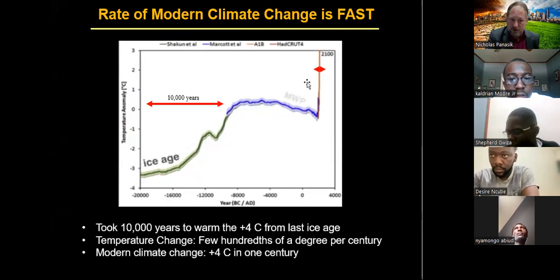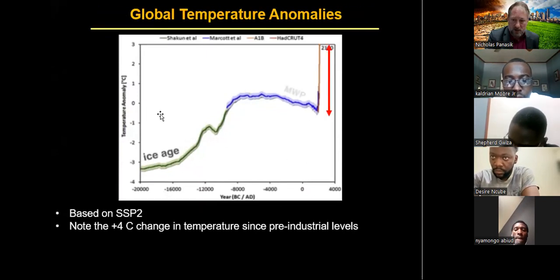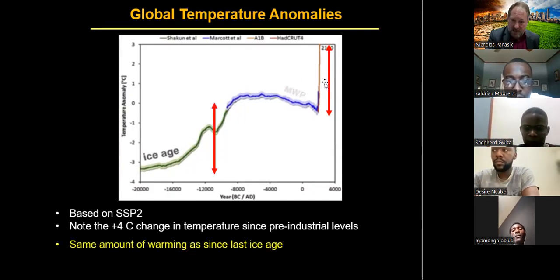The biggest temperature change we've had is between now and the last ice age, right? And we've seen about a 4-degree change that we're expecting by the year 2100, and that's about the same size change as what we've seen since the last ice age, right?